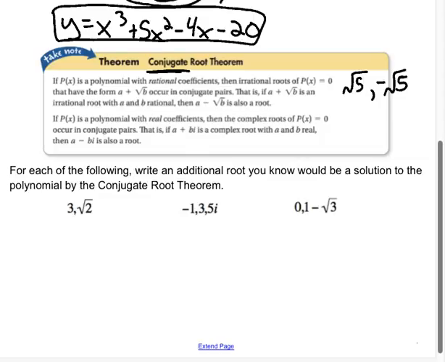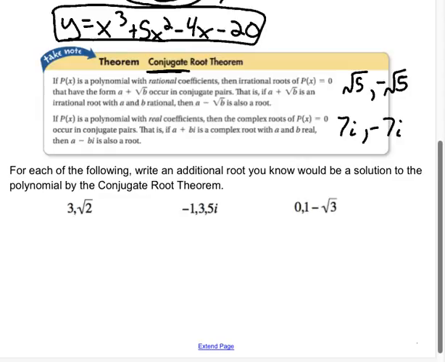So here if I have an imaginary solution of 7i, well, I'm also going to have negative 7i, okay? They always come in pairs, okay? These square roots and these imaginary solutions, again, always come in pairs. That is the big idea of today.